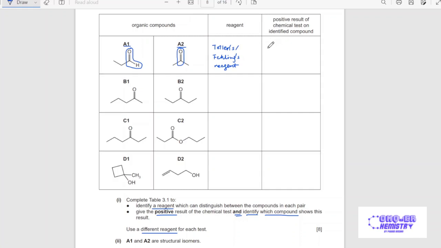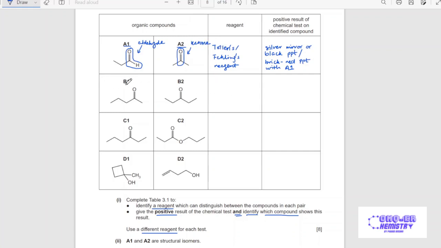Now with A1, which is the aldehyde over here, what you will say is a silver mirror or black precipitate. This is going to be with Tollens reagent. And in the case of Fehling's reagent, you're going to have a brick red precipitate. And this is going to happen with A1, not with A2. All right, because A2, as we saw, is a ketone.